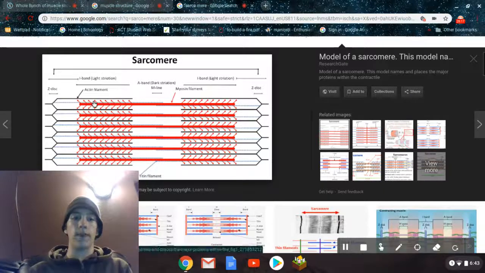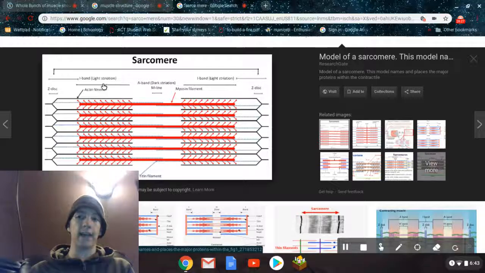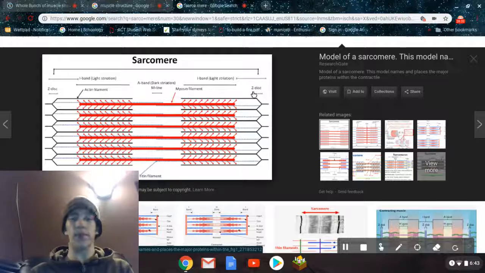So it's mostly around the myosin, this giant thick filament. The A band is the entire length of the myosin. The I band, which doesn't have myosin and therefore is much lighter because it doesn't have the thick filaments, is between the end of this myosin filament and the one before it.